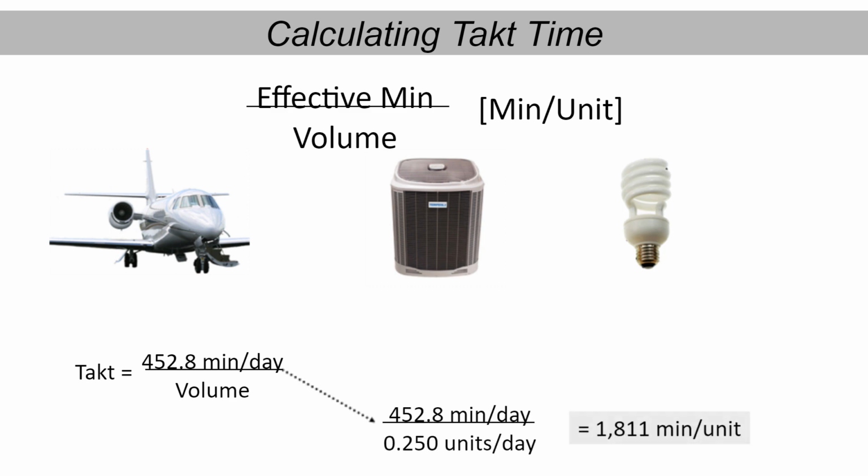The pendulum hits one side every 1,811 minutes. At that time, the line should finish a unit of product on average. Considering that a day lasts 452.8 minutes at this plant, it means that it will take approximately 4 days for every takt. Takt gives you an approximate measure of the amount of work content at a workstation.